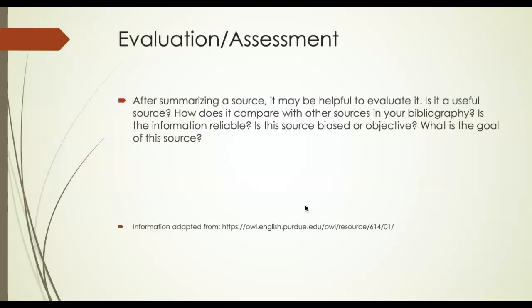How does it compare with other sources in the bibliography? Is the information reliable? Is this source biased or objective? What is the goal of the source? Here you're really trying to determine how useful the source is. Of that 8 to 10 sentences, we're looking at 2 to 3 sentences here.